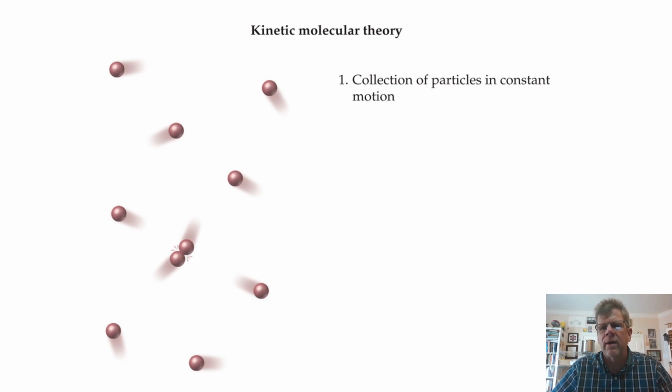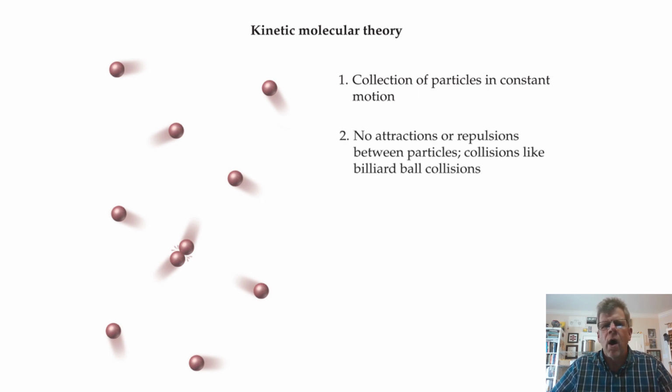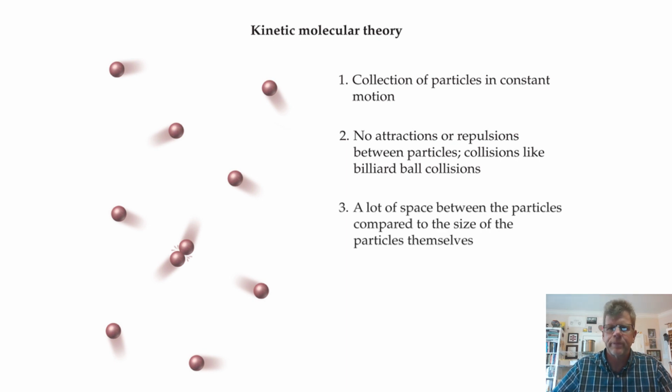They're never stationary. Also, it is assumed, though this isn't always the case, that there are no attractions or repulsions between the particles. And when they do collide, like we see in this model, they collide in a fully elastic fashion, sort of like billiard ball collisions.